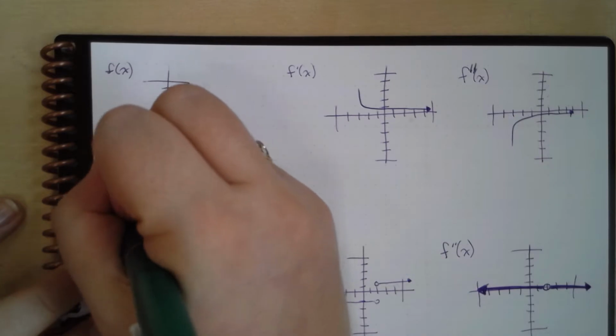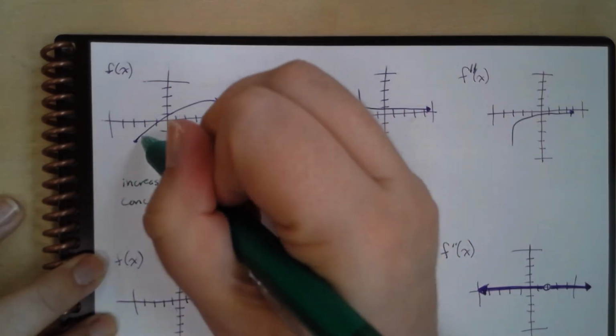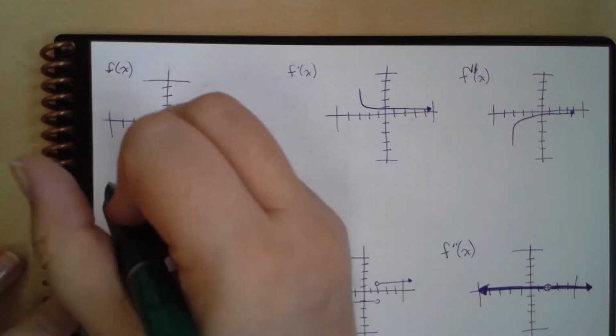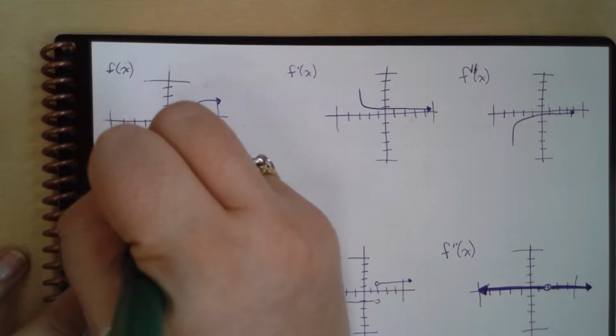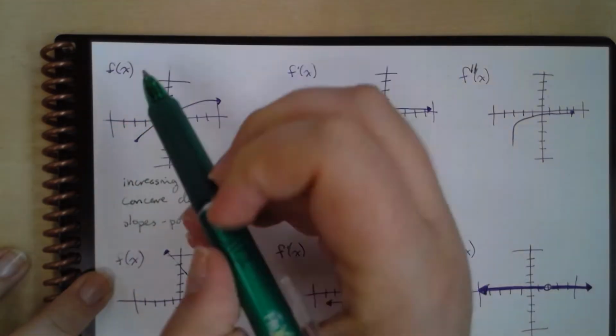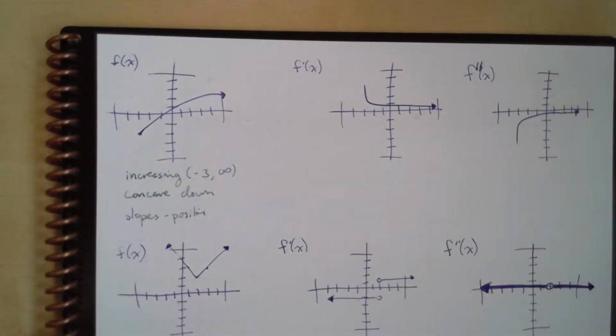It's concave down, which means it's arcing down, right? Concave down. And the slopes are positive. If I was drawing tangent lines along this graph, I would have positive slopes of those.